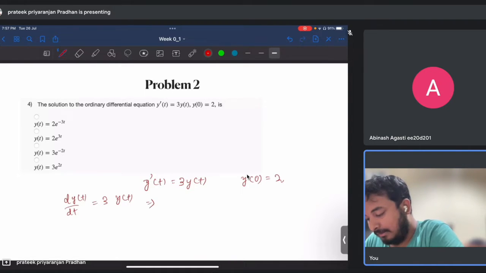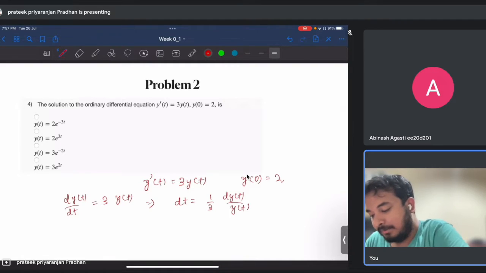That means we can write dt is equal to 1 by 3 into dy of t by y of t. So we can directly integrate both sides.